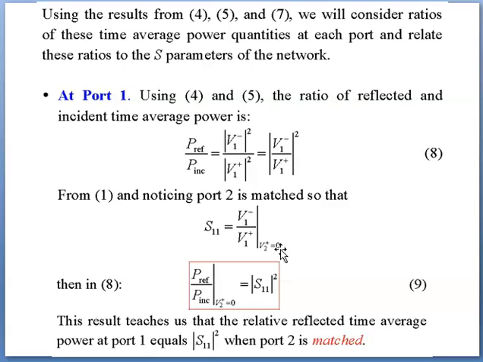Then you can substitute this into equation 8, where P reflected over P incident will be equal to S11 squared, because S11 is V1 minus over V1 plus, but this one is squared. So this result teaches us that the relative reflected time average power at port 1 is equal to S11 squared when port 2 is matched.